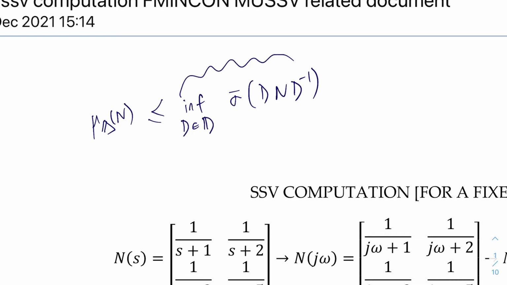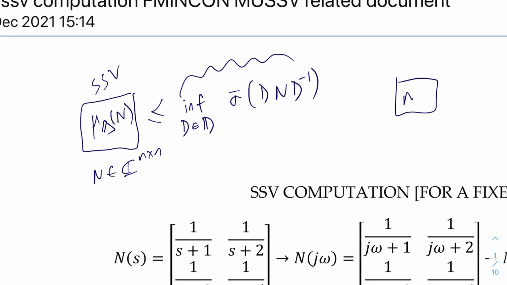All right, so first of all, the structured singular value of N. Here N is an n by n complex matrix. We have N of s, and delta, capital delta, the structured uncertainty.